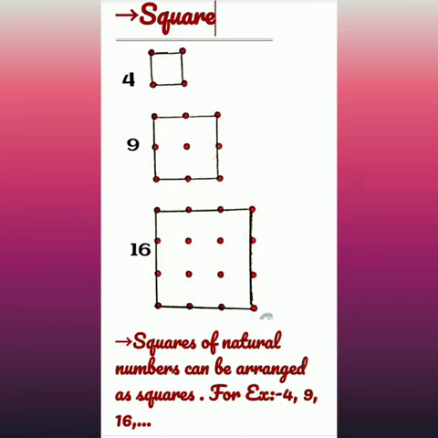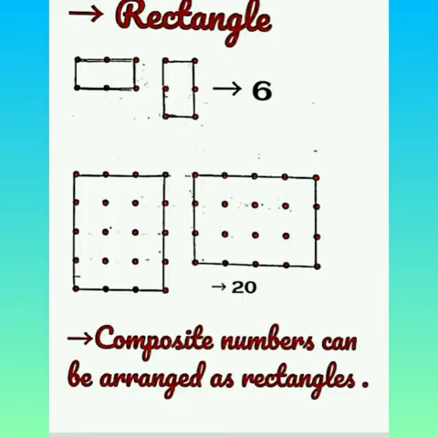Now coming to rectangles. As you all know, opposite sides of a rectangle are equal. That is, number of rows and number of columns will be different. For example, 6. We can arrange 6 dots as shown. 2 rows and 3 columns, that is 2 by 3, or 3 rows and 2 columns, that is 3 by 2.